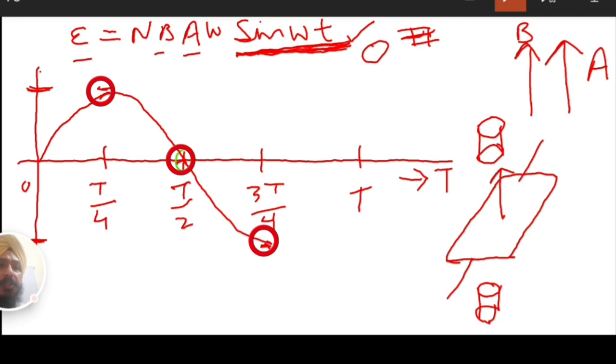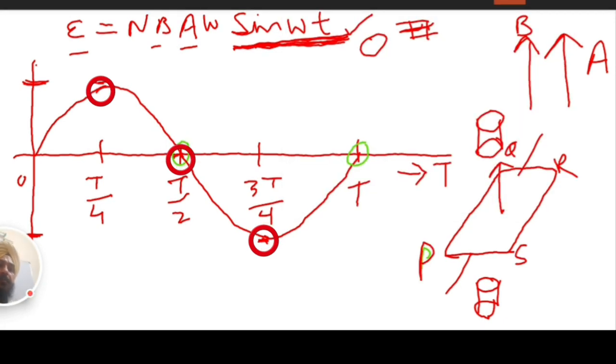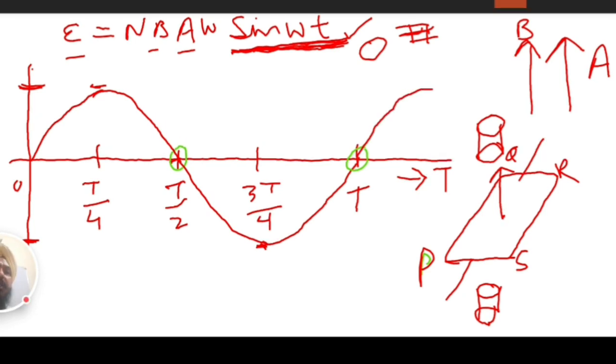So here induced EMF again reaches its initial position, as the coil rotates further, now the PQ arm is going upwards. So from here onwards, the current changes direction again and will be at maximum value at the next position.